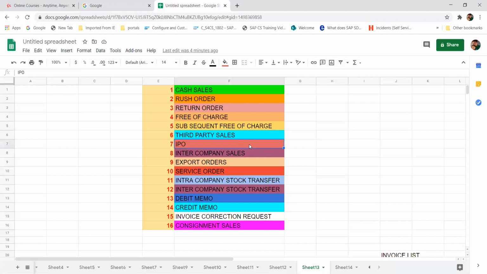In a similar way, you can find another business process called individual purchase order, which is like third party sales, but the stock will be received at your customer location. In turn, they will deliver to the company location, and in turn the company will deliver the stock to the customer. So this is the basic difference between these two.